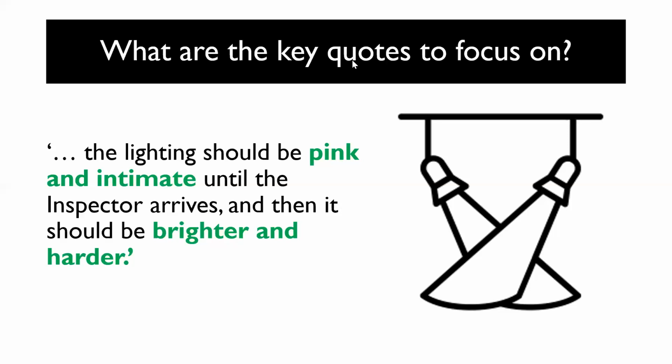This could be symbolic of the idea that the inspector enlightens the family, sheds some uncomfortable truths on the evening, forces them to confront a rather ugly side of their character and their past. It could almost be thought of as an interrogation-type light, shining light on the truth and trying to force them to come to terms with what they've done. And it's more successful for some characters than others, as I'm sure you'll remember.